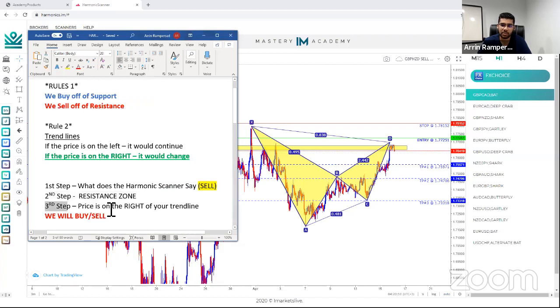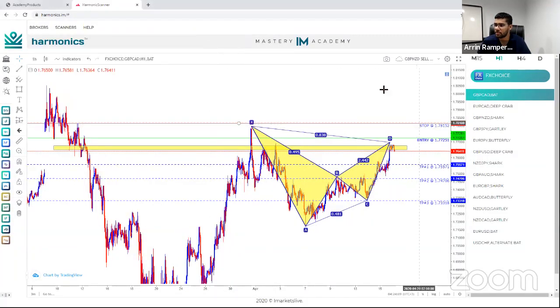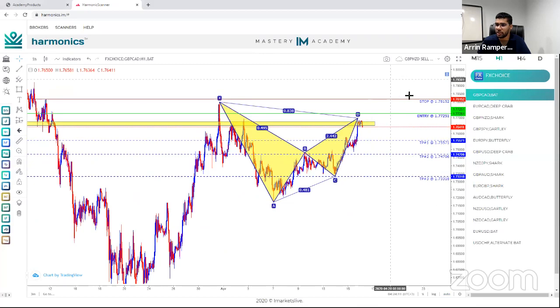Our third step is going to be applied via our second rule, which is our trend lines. So we need to make sure price is on the right side of our trend line for us to enter. Now, in this case, what do we see the market doing right now?